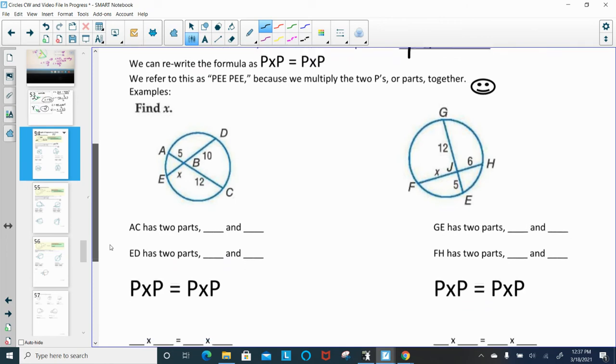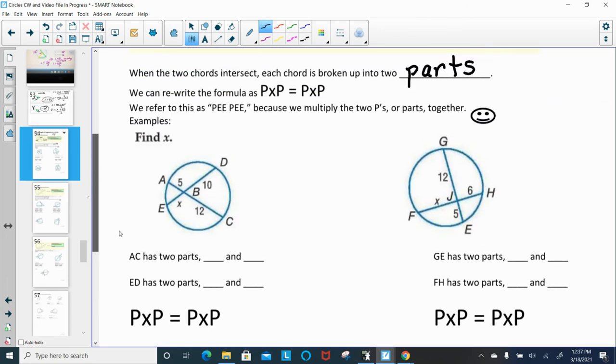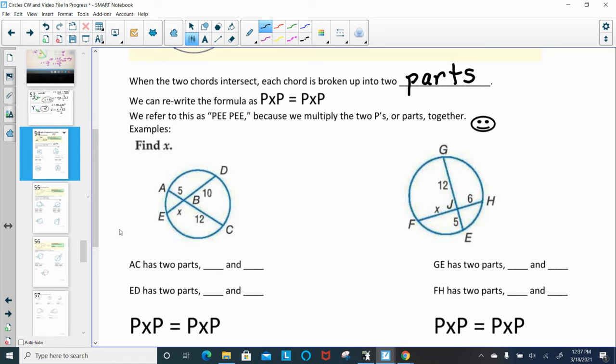So let's take a look at one, and then we'll come back together and we'll do some of these harder ones together. It says find X. So if you look at AC, AC has a part, which is 5, and another part, which is 12. And then if you look at ED, from E to D, you can see that there's a part there that's X, and a part there that's 10.